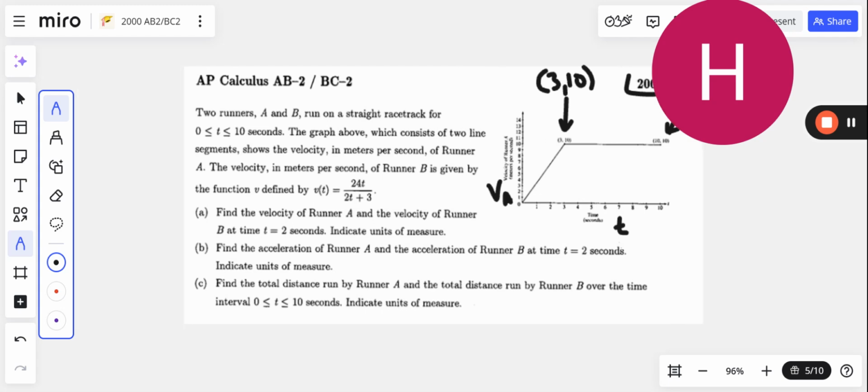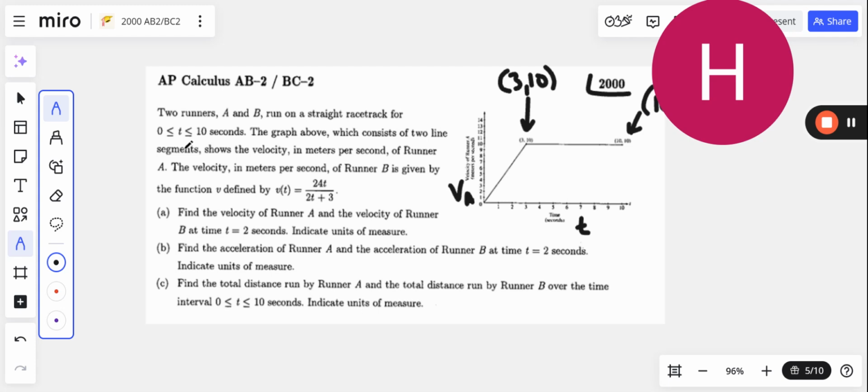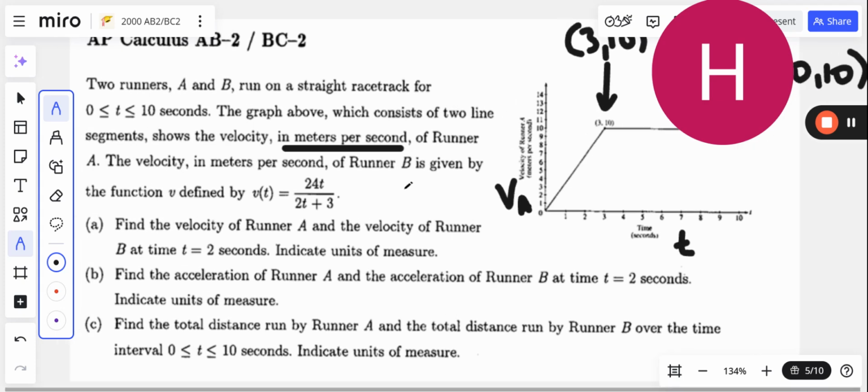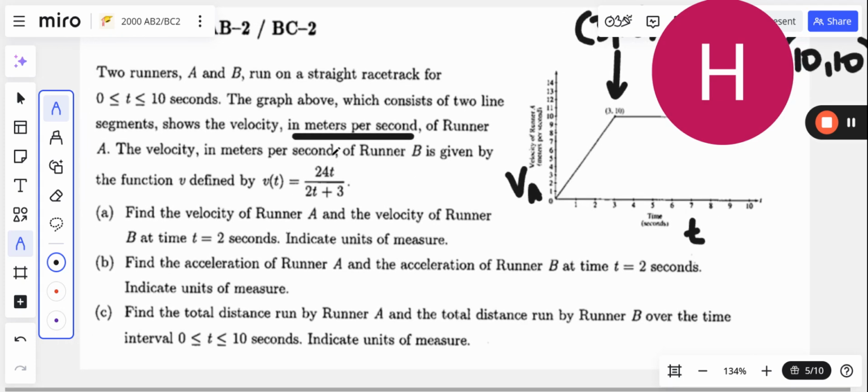Because here we go. So we have two runners, A and B. We've already met A on a straight racetrack for 0 to 10 seconds. The graph here consists of two line segments, showing the velocity in meters per second of runner A. So this is specifically runner A. Whereas runner B's velocity, for some reason, is defined by this equation.